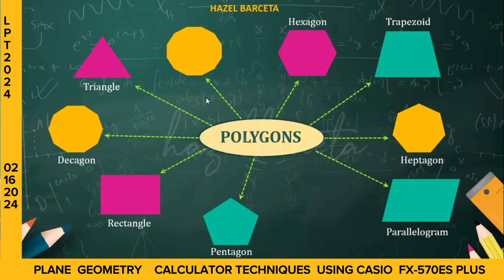How many sides? 2, 4, 6, 8, 10, 12. So, na-mention na po kanina, the dodecagon is 12, decagon is 10. And the last example, 1, 2, 3, 4, 5, 6, 7, 8, octagon. So, nag-refresh lang po tayo about our polygons.